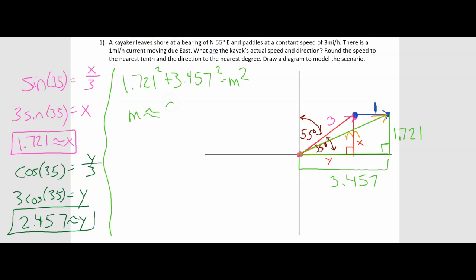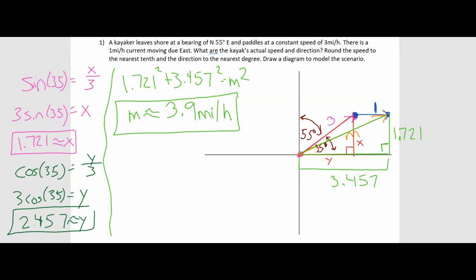That gives me approximately 3.9 for m. And our magnitude here is a speed, so it's miles per hour. So m is approximately 3.9 miles per hour. That's the actual magnitude between how fast he's paddling and the current.